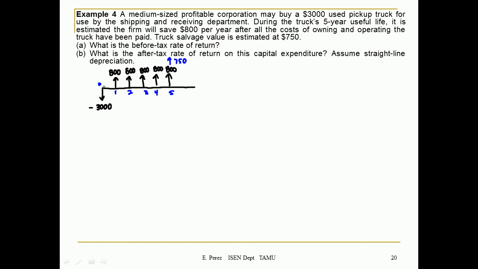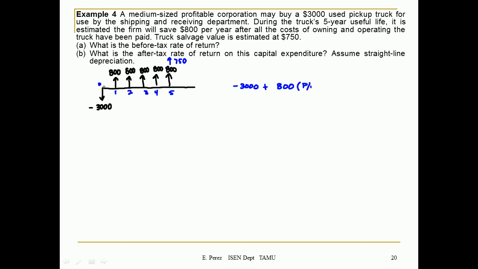For the rate of return, we're going to use the present worth. We're going to get the cash flows to the present, and we're going to equal that to 0, and we're going to solve in terms of the interest rate. So we have an initial investment of $3,000, plus the annuities, which are $800, and those are savings, so we're going to use a positive sign.